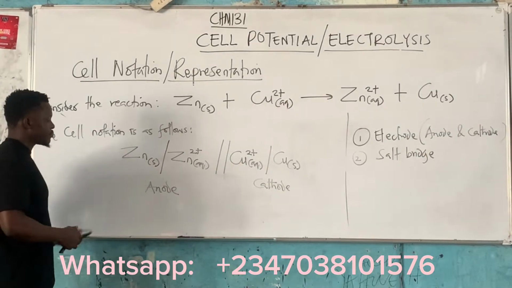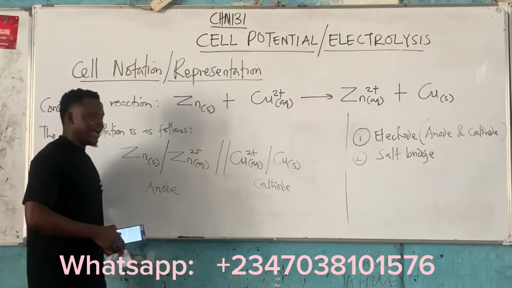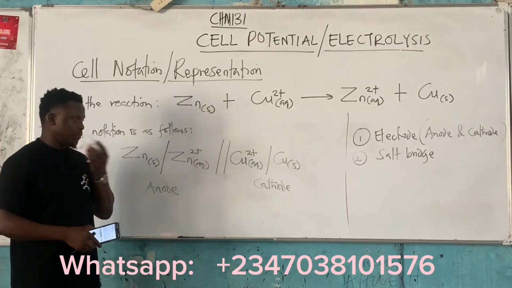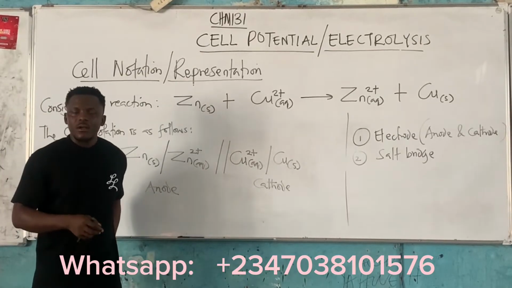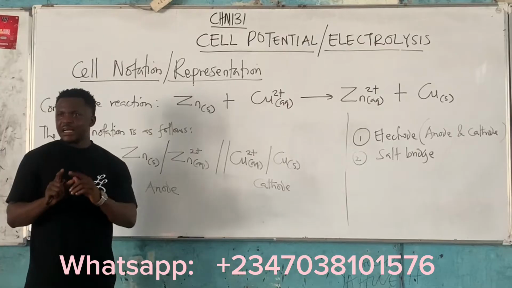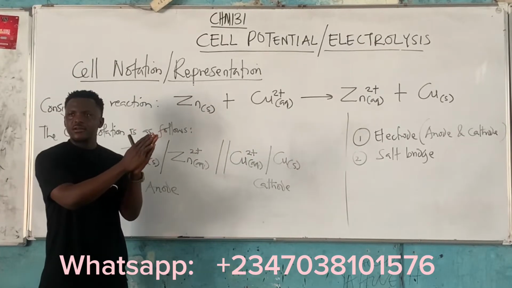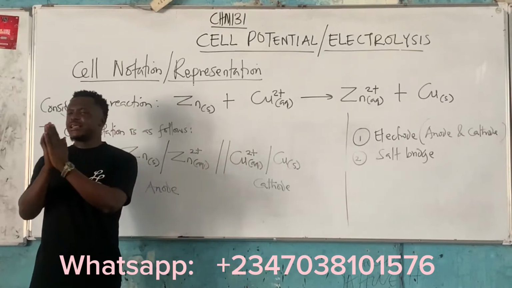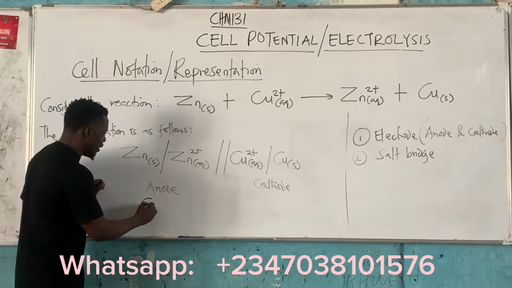Based on the structure I gave earlier, we saw the anode, one of the electrodes, and we saw the cathode. It's very important for us to know, class, that whether a cell is an electrolytic cell or a galvanic cell, the reaction that takes place at the anode is always oxidation.